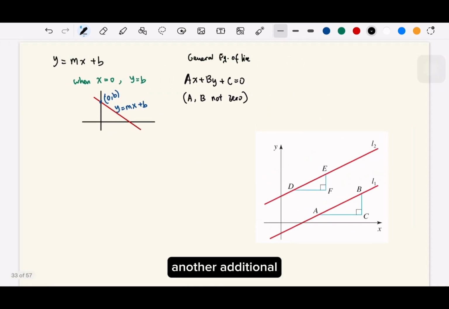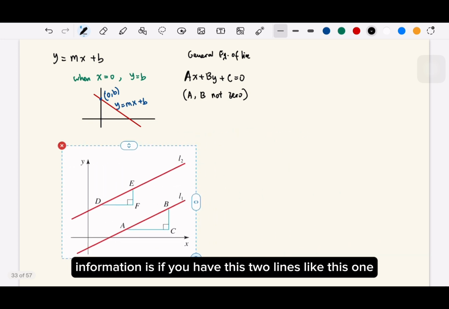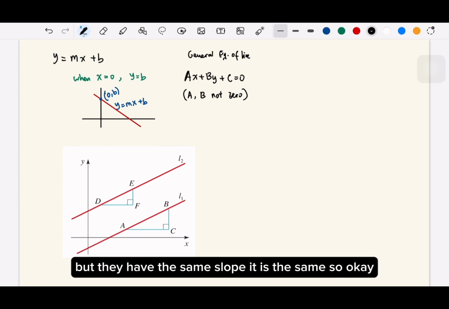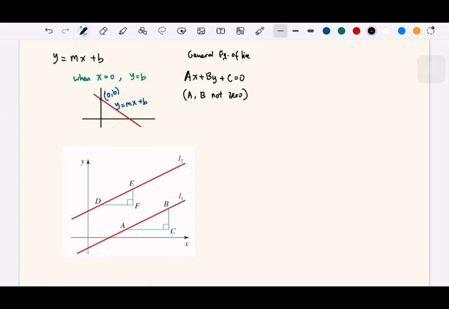Another additional piece of information is, if you have two lines like this one, they have different equations, but they have the same slope. Okay, we say that this is what we call parallel.